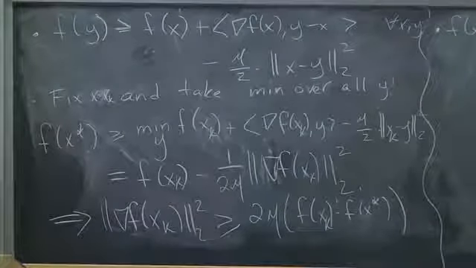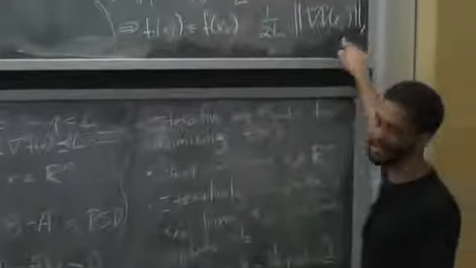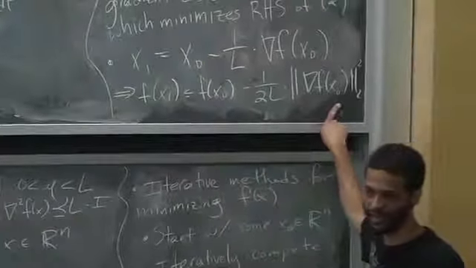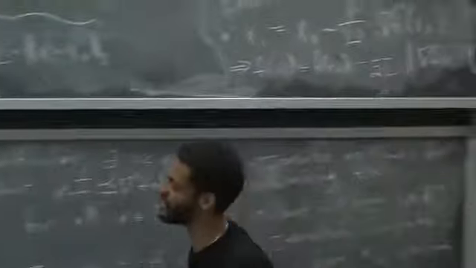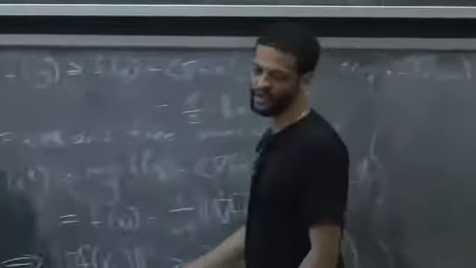So this looks sort of nice because we know that our progress is measured in terms of subtracting off some multiple of the gradient. So we'd like to say that the gradient is big so that we made a lot of progress. And this is telling us some lower bound on the gradient.